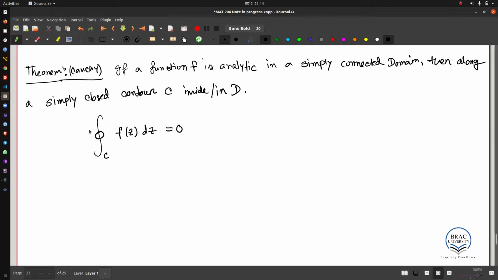Obviously this is a closed contour, so use this symbol. This is the famous Cauchy's theorem, and the proof is pretty simple.